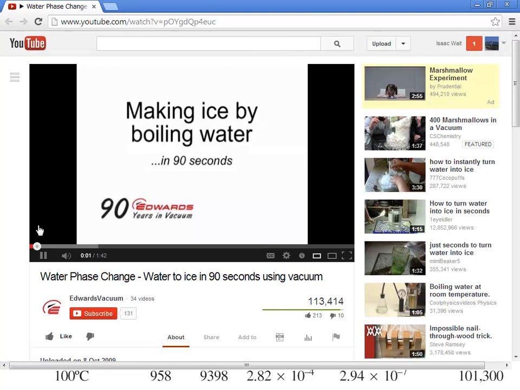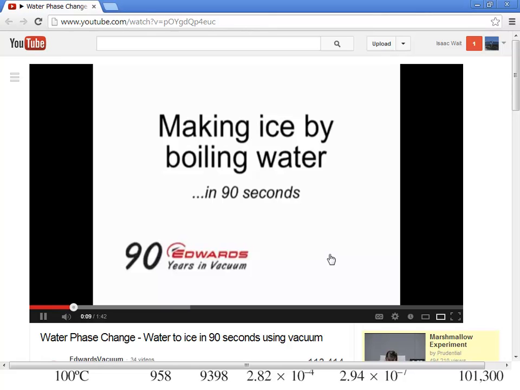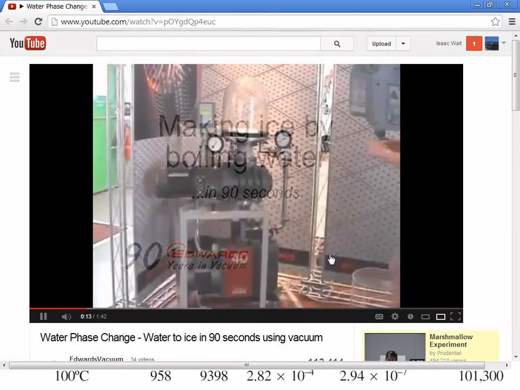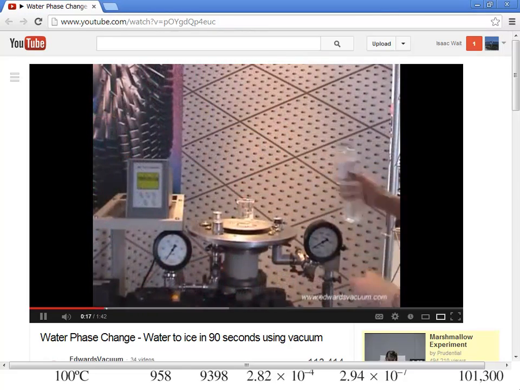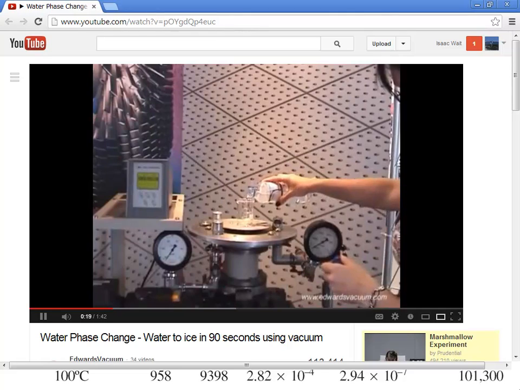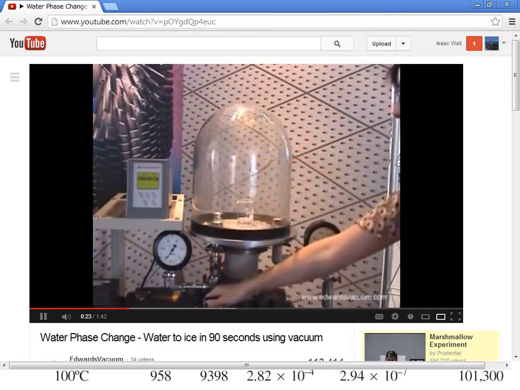We're going to demonstrate reduced pressure boiling by creating a vacuum in a glass vacuum jar and using an Edwards pump. By using and applying vacuum, we're making water change from liquid to vapor very quickly and very effectively. Water at room temperature is placed into a beaker before putting it into a glass vacuum dome.